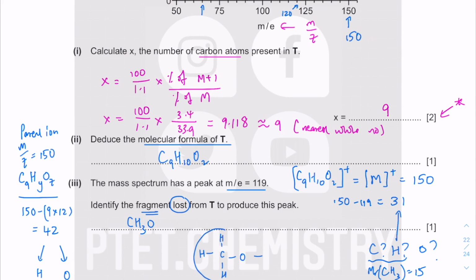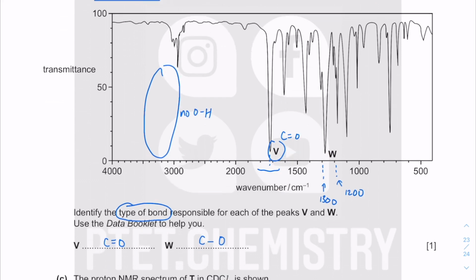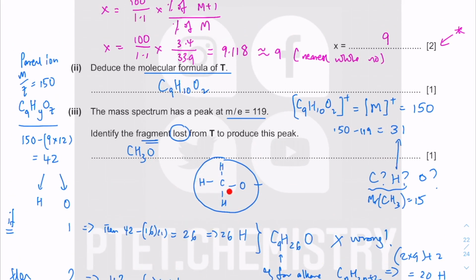If you look in the data booklet under infrared, for something that has oxygen, the first row is alcohols, ethers or esters, a strong absorption between 1040 to 1300 cm minus 1, these are wave numbers. So this is in the right region for C single bond O of alcohols, ethers and esters, and it's a pretty strong absorption as well, which is consistent with what we have discovered from the previous part of the question.